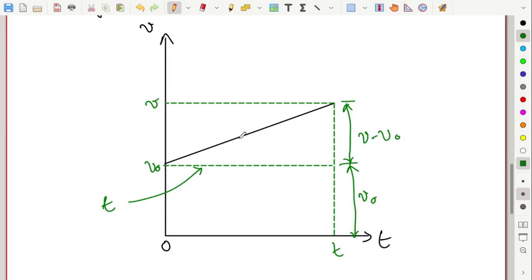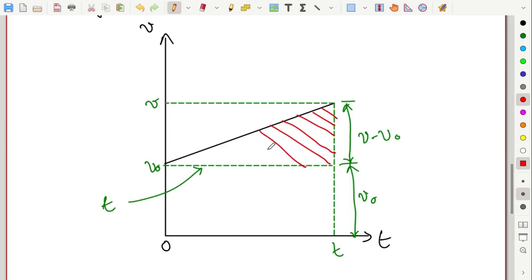Okay, so we are interested to find the area under this curve, because we are interested to derive displacement. Displacement is given by the area under the curve, which happens to be this area. Let me mark it in red color. So we can have the whole area divided into two parts.